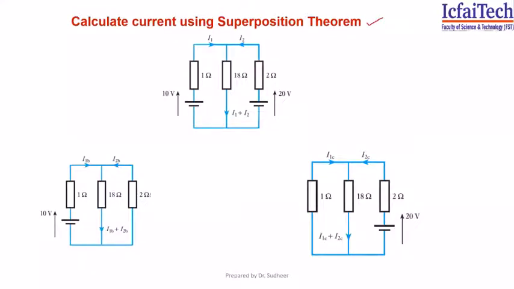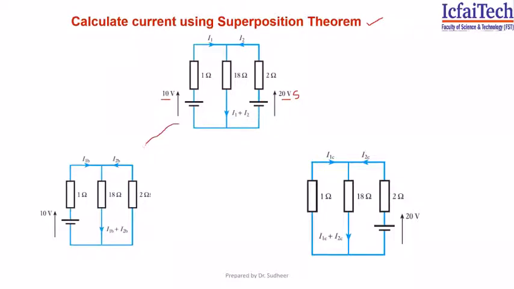Superposition theorem states that consider only one voltage source at a time, replace all other voltage and current sources with internal resistance, and find out the current. So when only 10 volts is there, we have to replace 20 volts with short circuit. When you consider only 20 volts at a time, then we have to replace 10 volts with a short circuit.